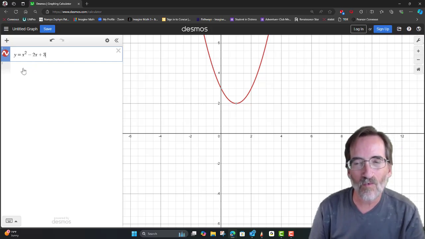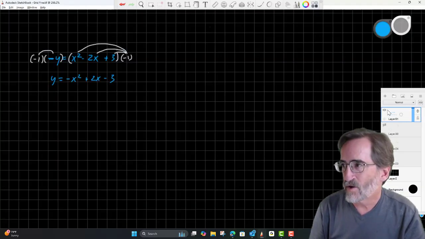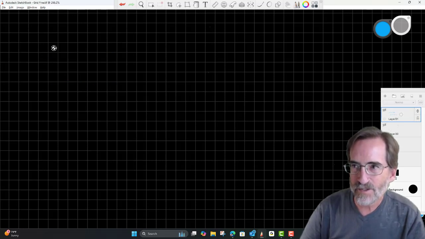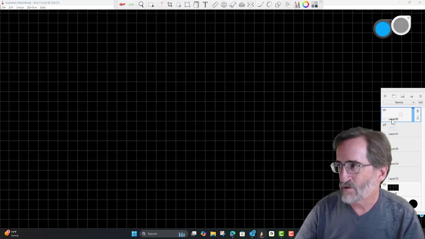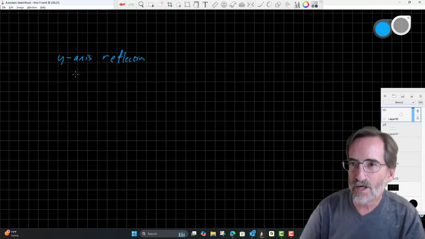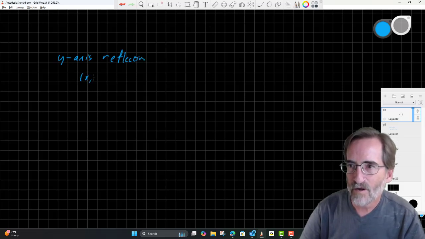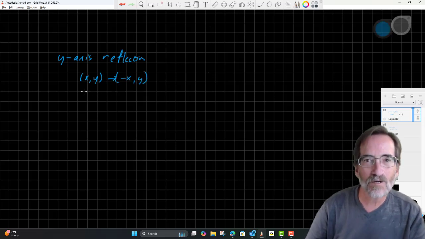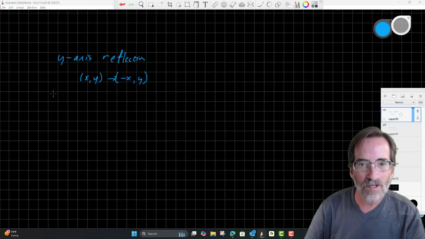For a y-axis reflection, recall that we change the sign on x. So it becomes -x, positive y. So we change the signs on all the x's. So here's what I do in Desmos.